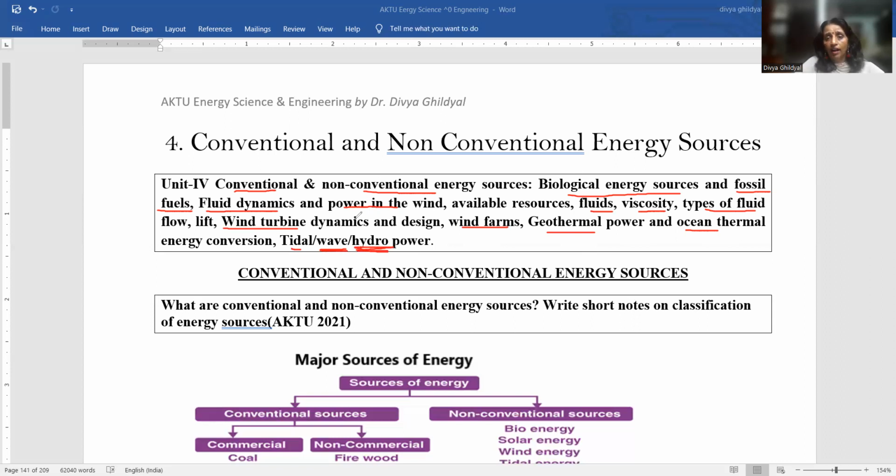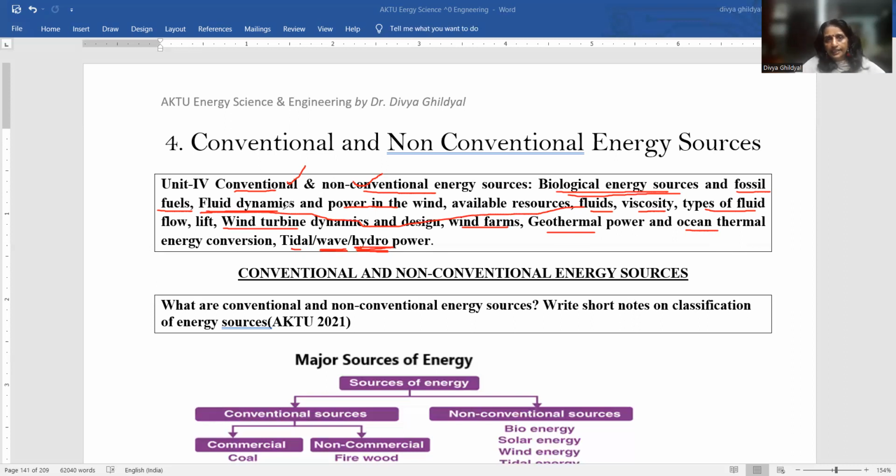What has been asked in this unit is this question: write a short note on conventional and non-conventional sources of energy, a 10-mark question. What do you mean by biological energy sources? Again, a 10-mark question. Why is fluid dynamics so complicated? 10-mark question.